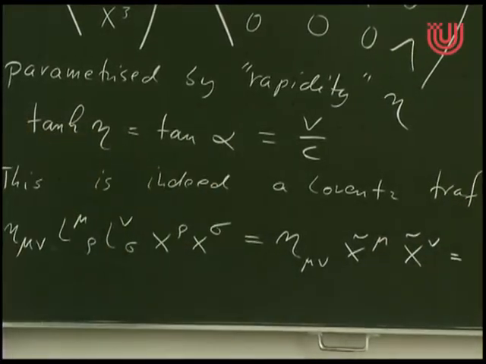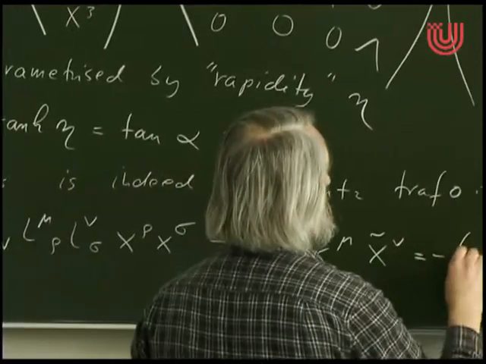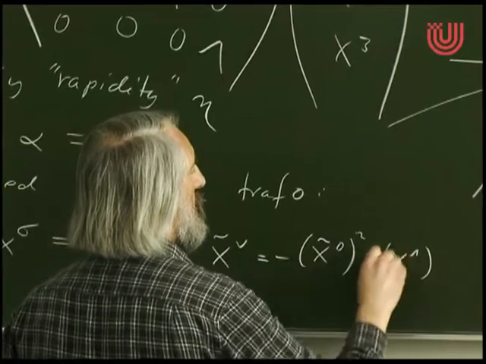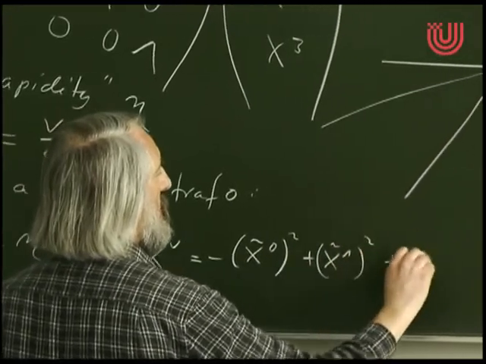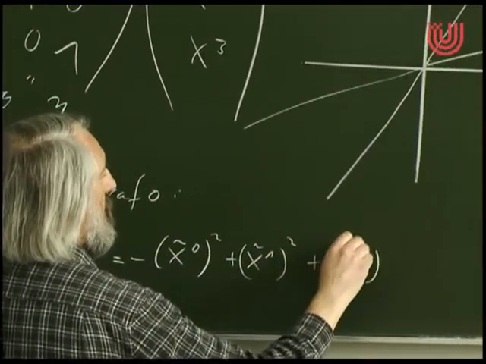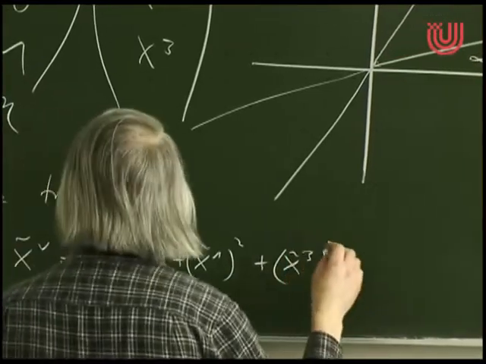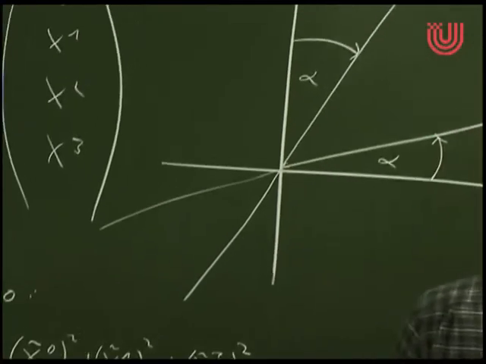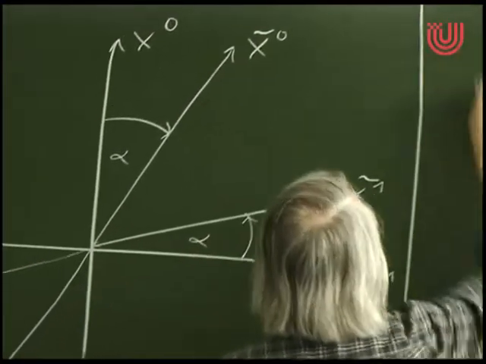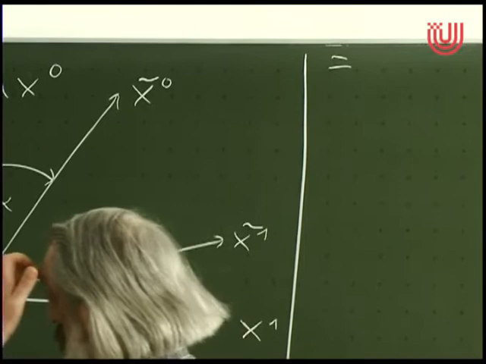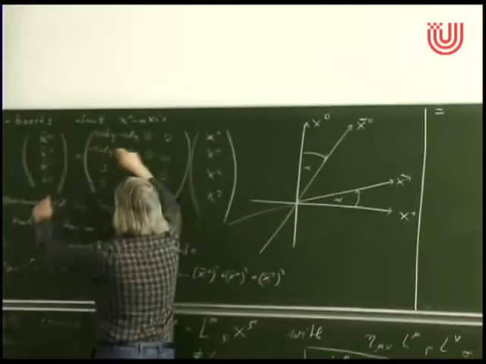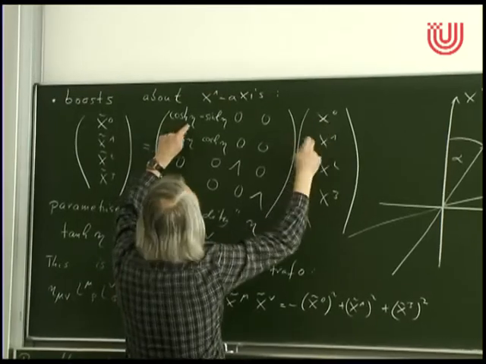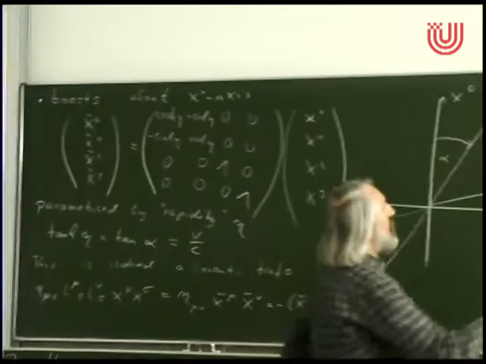And now I write this out. So this is, we know this now, it's x naught tilde squared plus x1 tilde squared plus x2 tilde squared plus x3 tilde squared. So I read this now from this equation. So x naught tilde is cosh eta x naught minus sinh eta x1.